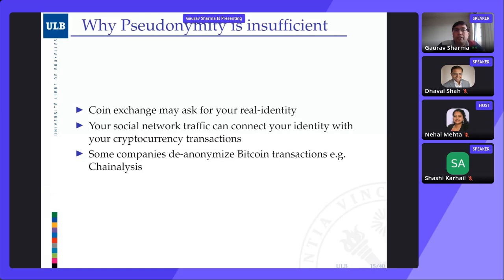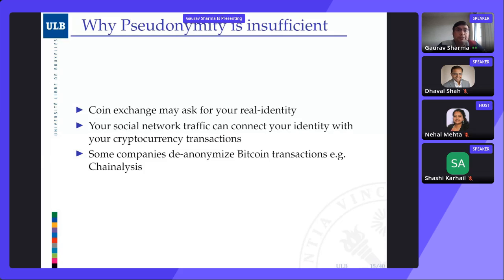There is also social traffic analysis, where your Facebook or Twitter data has some real identity of yourself, and when you are making cryptocurrency transactions with the same browser, you are disclosing your identity, or connecting your pseudonym with your real identity.